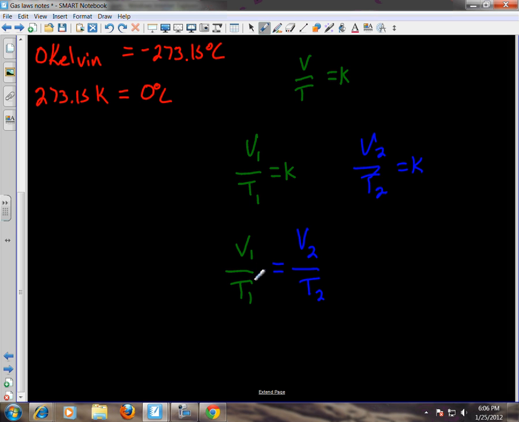And so what we can do, having this equation, is we now can solve these problems of temperature and volume. Next, we'll talk about temperature and pressure.